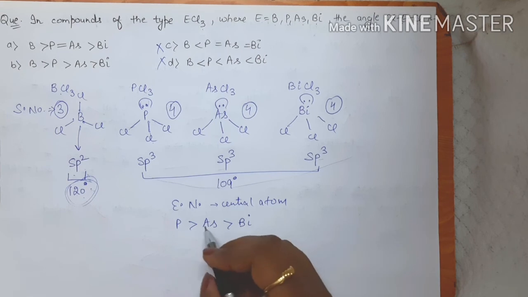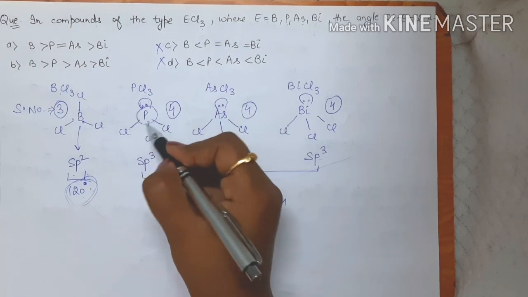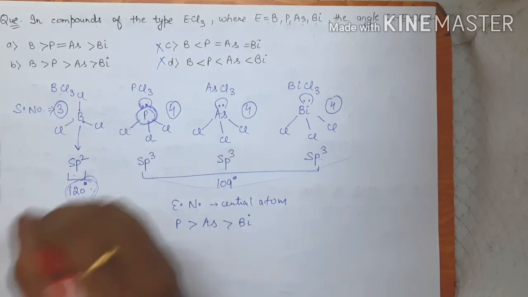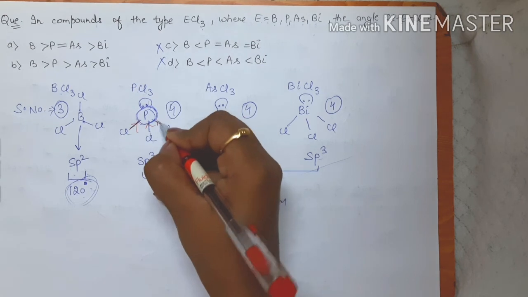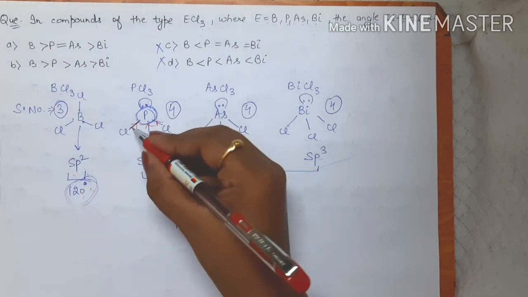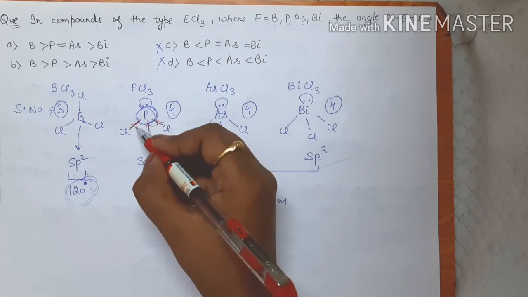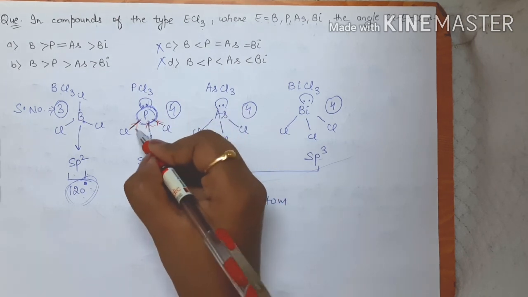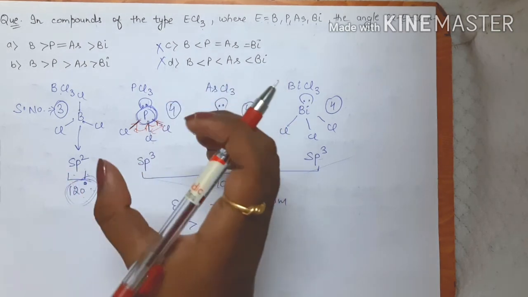So if the electronegativity of this central atom is more, then what happens? It attracts these bonded pairs more towards itself, right? When it does, electronic repulsions take place and the bond angle increases.